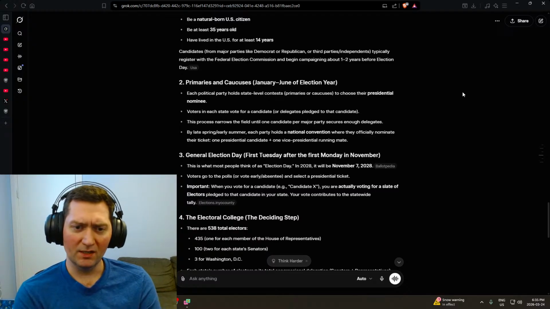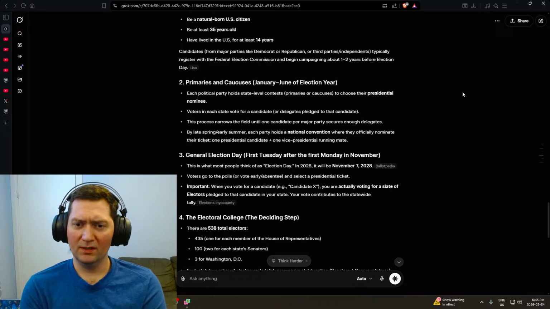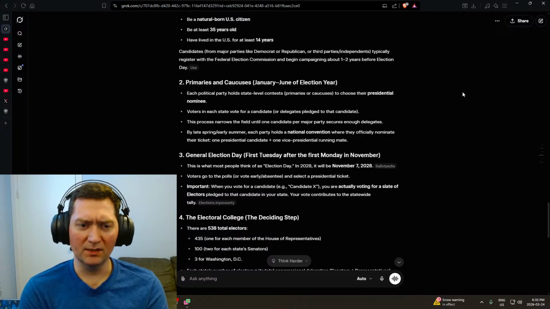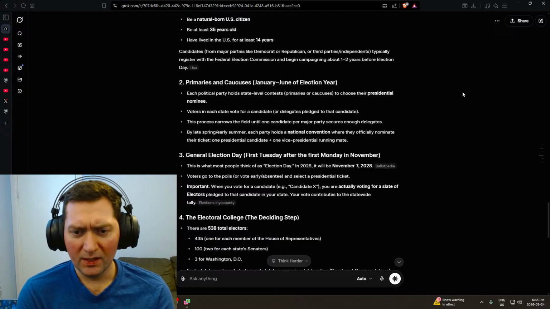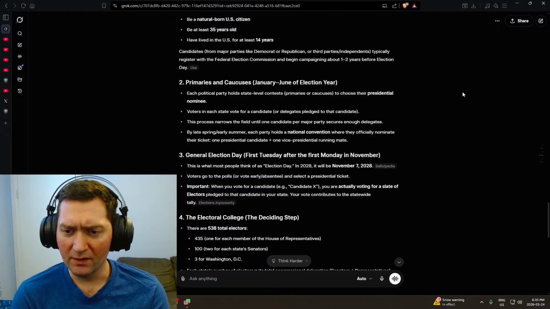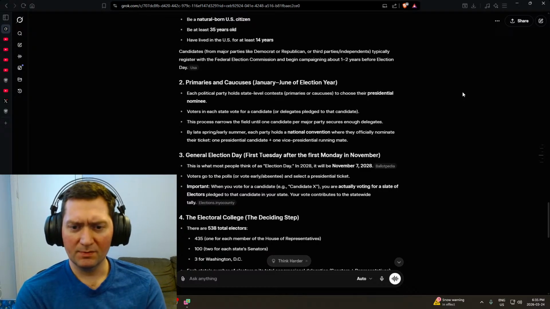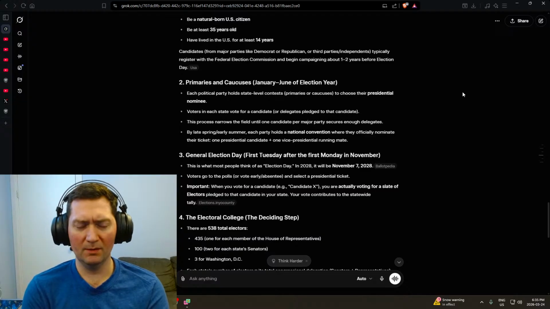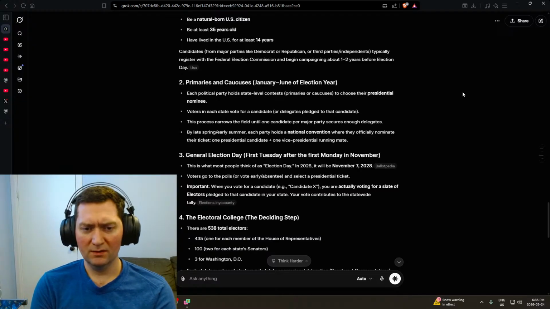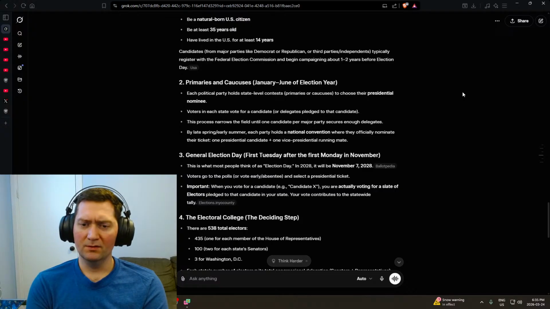Voters in each state vote for a candidate or delegates pledged to that candidate. This process narrows the field until one candidate per major party secures enough delegates. By late spring or early summer, each party holds a national convention where they officially nominate their ticket: one presidential candidate plus one vice presidential running mate.